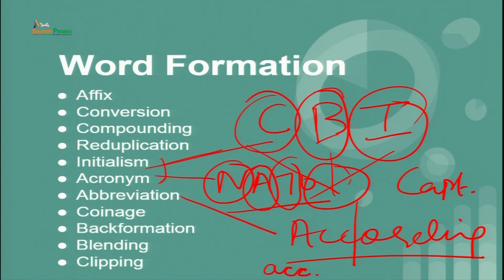In coinage, you invent a totally new term after anything that becomes famous, right? You say Xerox for photocopy, you say Google for search engine, you say Fevicol for glue, although you are not referring to a particular company or targeting a particular brand.